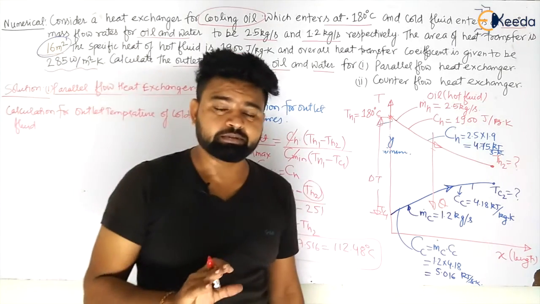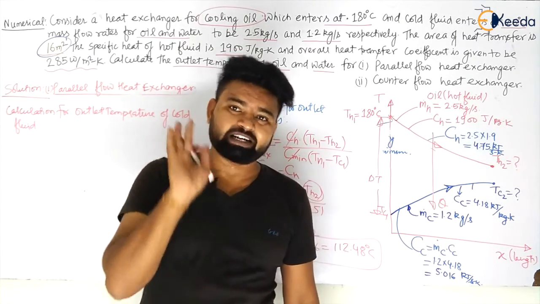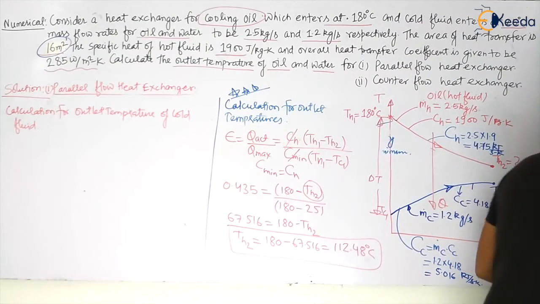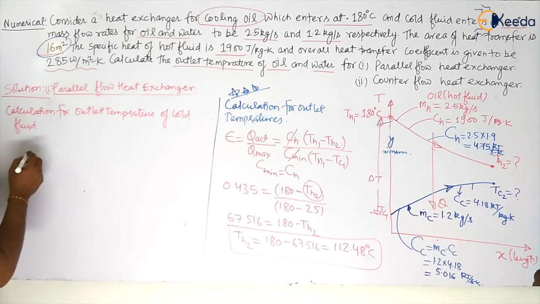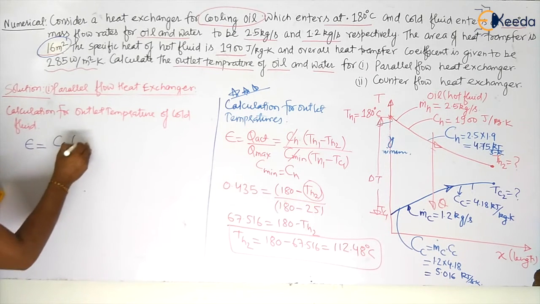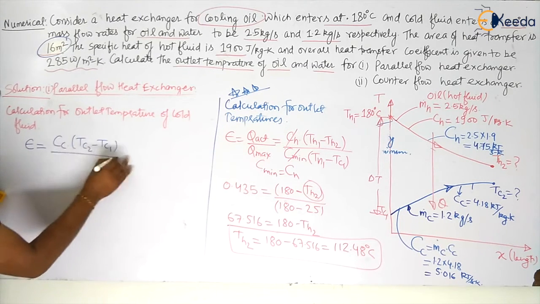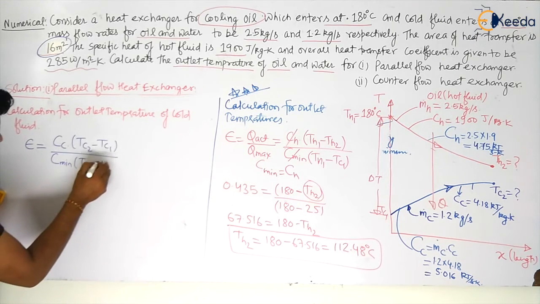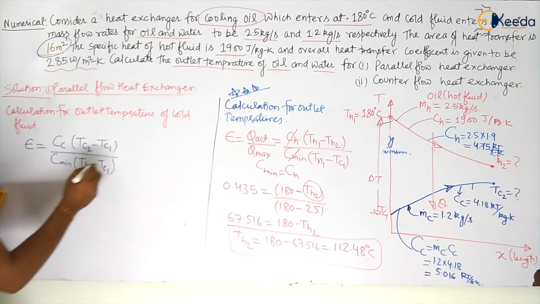Directly you can calculate from there, or you can go for the simple trick, which is effectiveness. So this will be given by E is equal to Cc multiplied by Tc2 minus Tc1 divided by C minimum multiplied by Th1 minus Tc1, the maximum temperature difference.